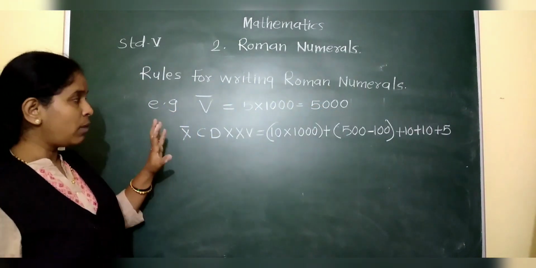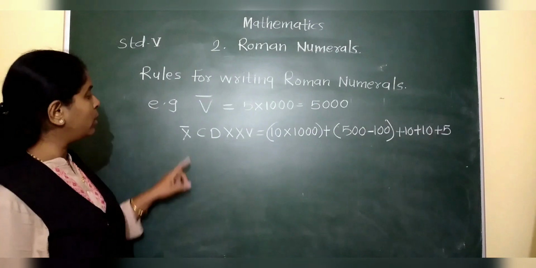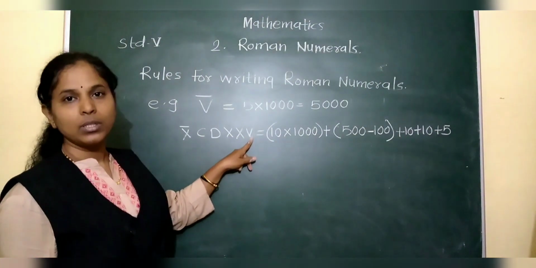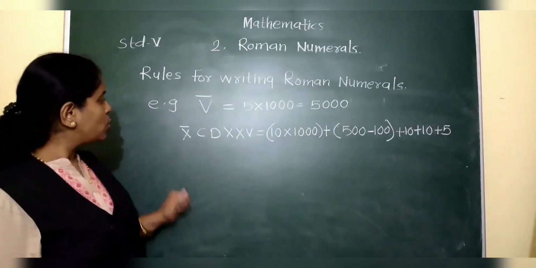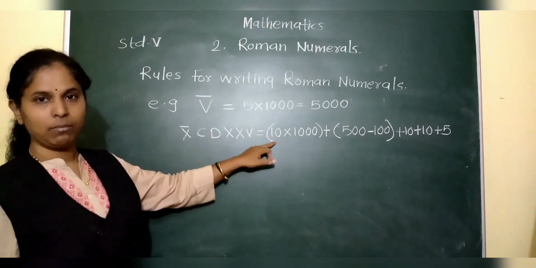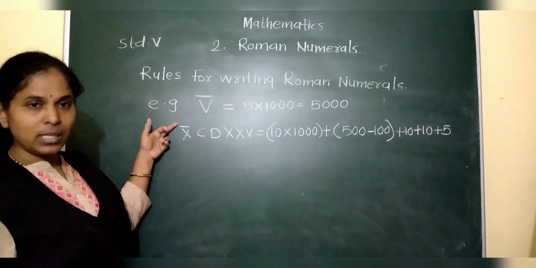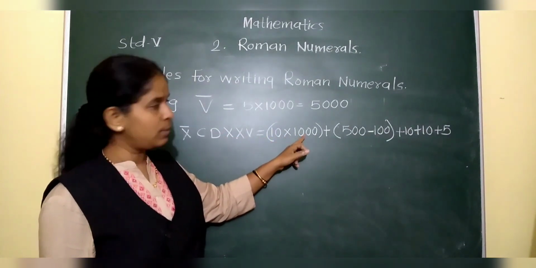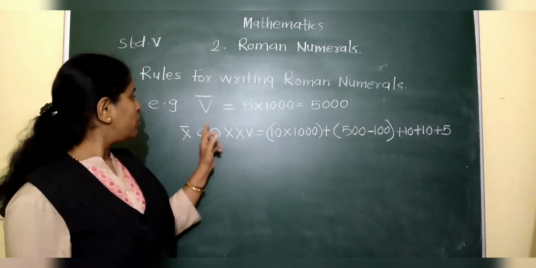Now, another example is given. X bar CD XXV stands for which number? So X means 10. The bar is there over it. So 10 we have to multiply by 1000. Plus CD.